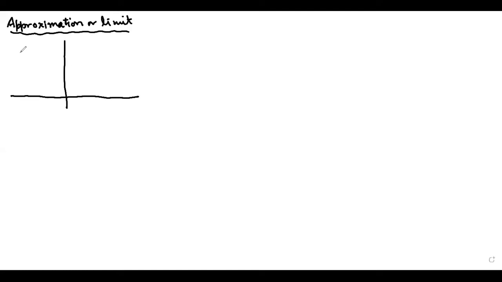This one is the curve. What is the equation of this curve? Y is equal to x squared.